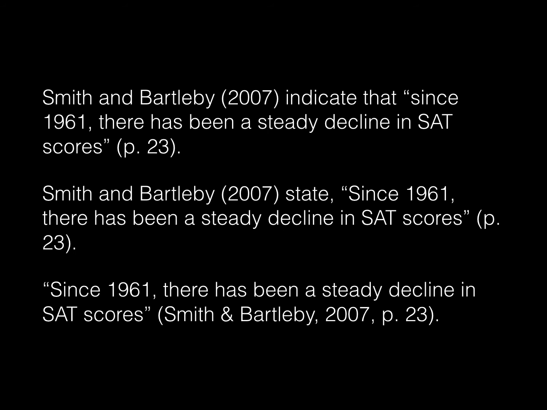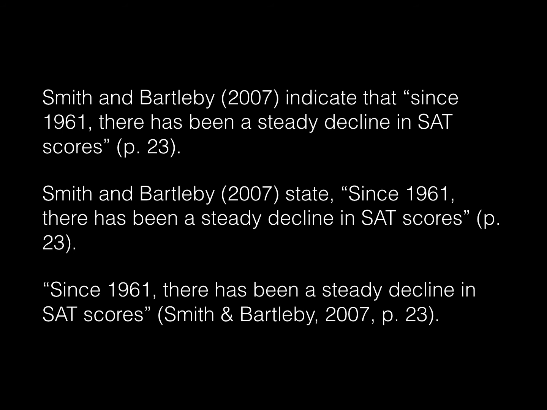So here we have, since 1961, there has been a steady decline in SAT scores, and now we have all of that information contained in those parentheses. So this shows you the 3 primary elements that you need in any in-text quote. We need an author, we need a date, and we need a firm placement.